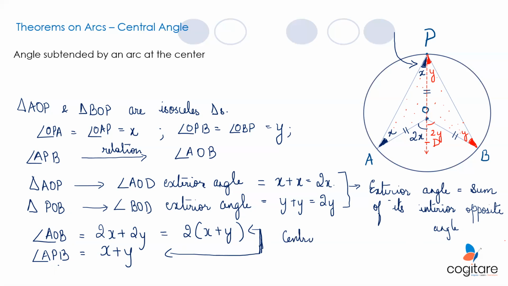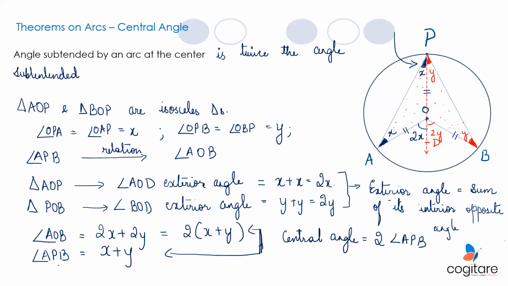So the central angle, okay guys, is twice angle APB. So just to conclude this theorem, the angle subtended by an arc at the center is twice the angle subtended by the same arc anywhere else on the circumference.